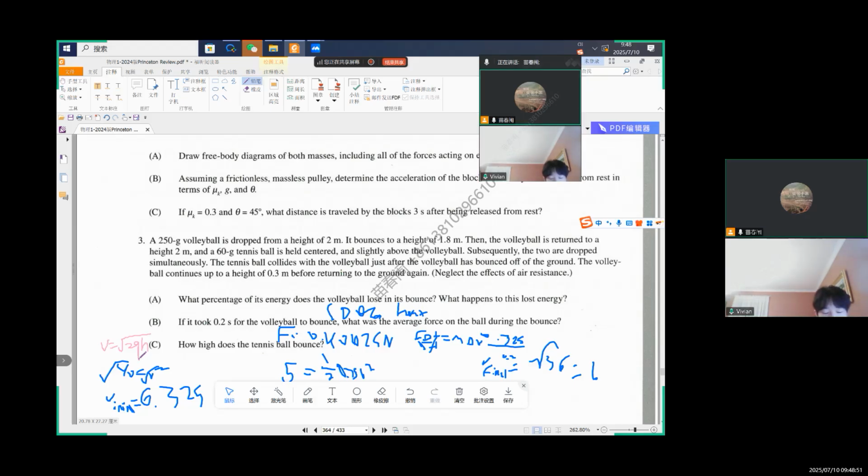Yeah, it is 2gh. And then h is 2, right? G is 9.8. Oh, I didn't use 9.8, I used 10. I don't think I should change it too much.